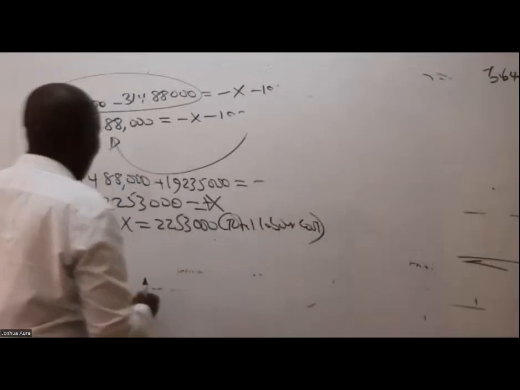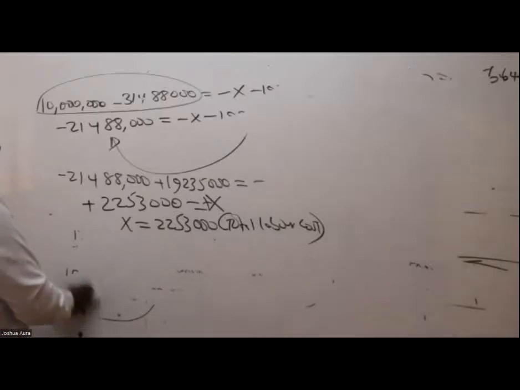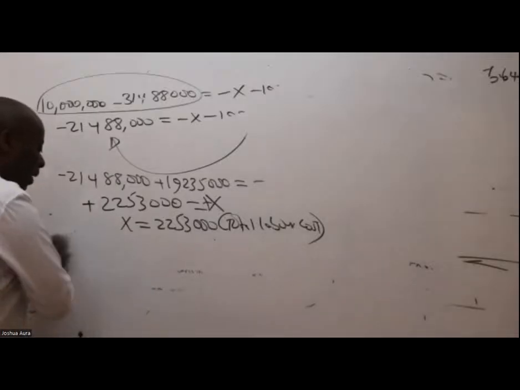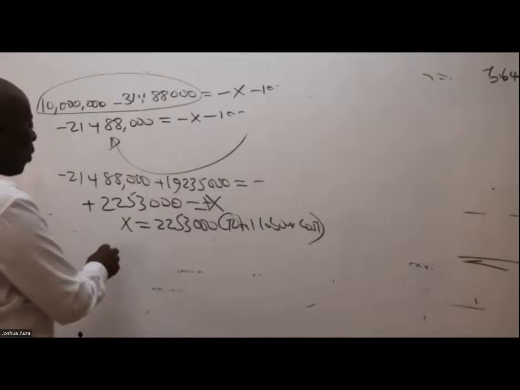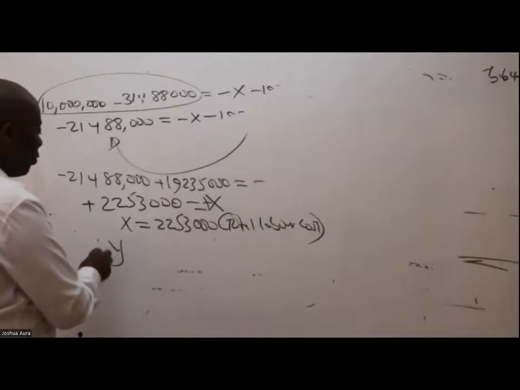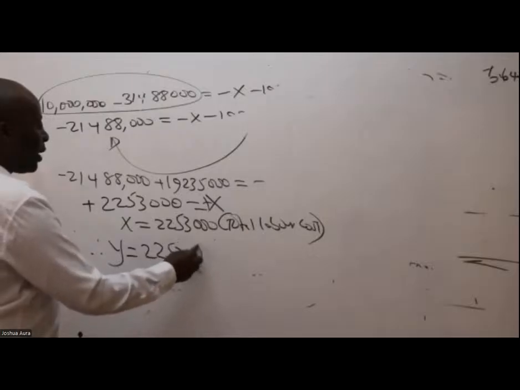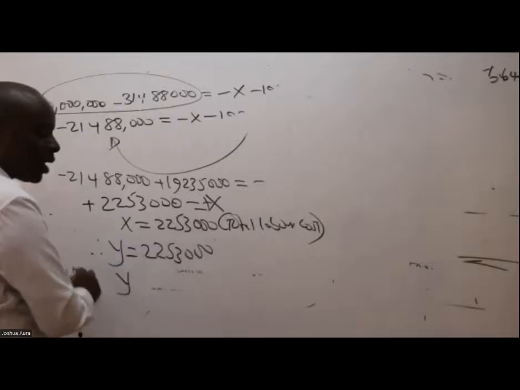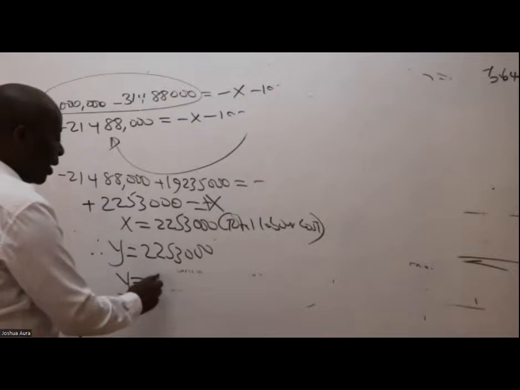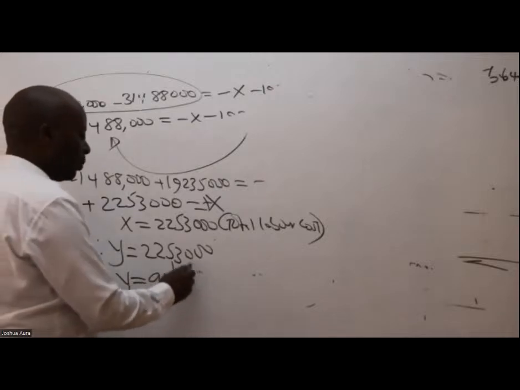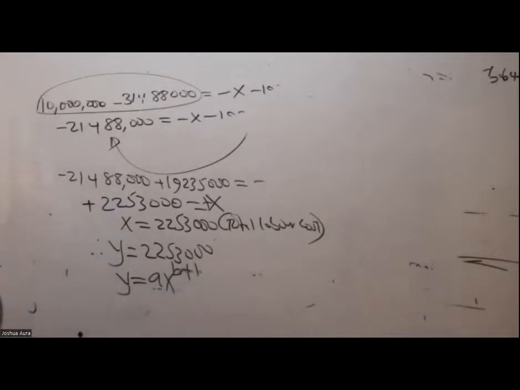Of which total labor cost, in the learning curve language, should be Y actually. Therefore, Y equals 22,53,000 like that. And we know that Y equals AX raised to B plus 1. All right, now I'm driving it there.